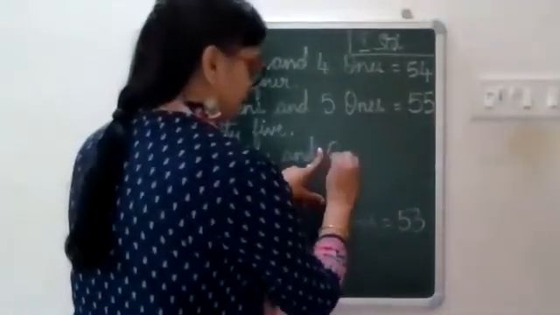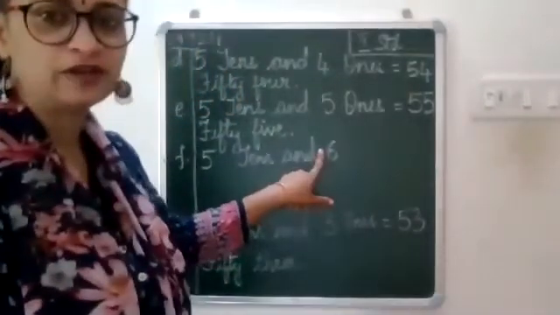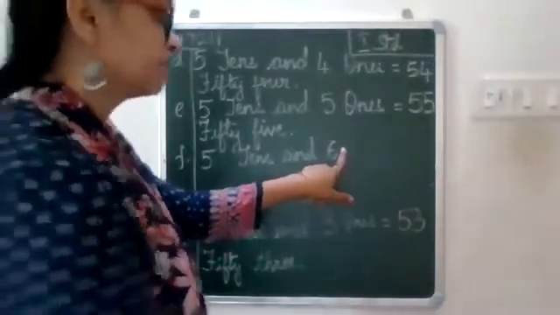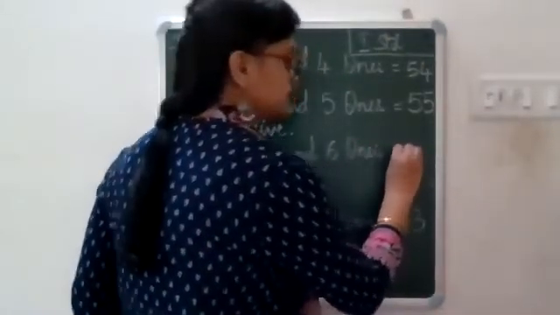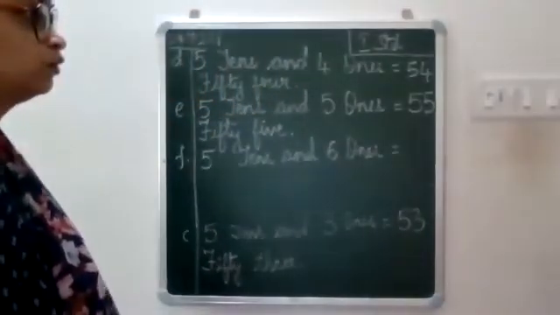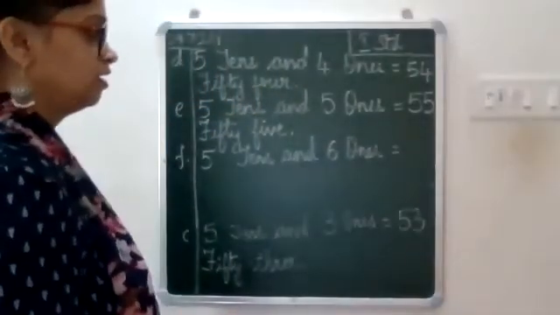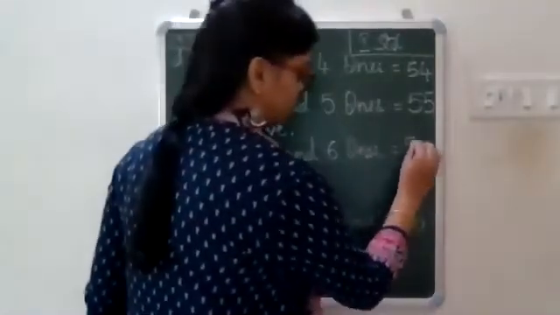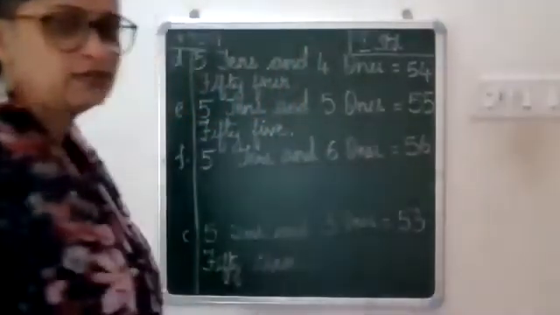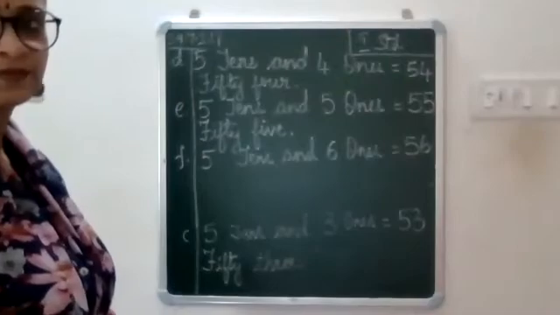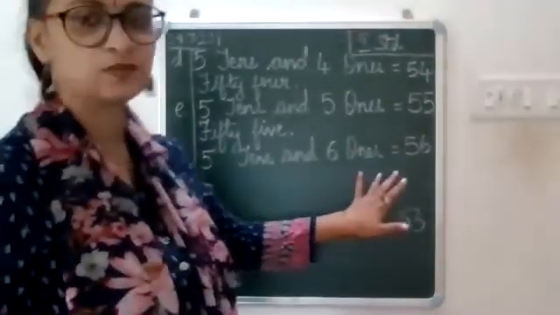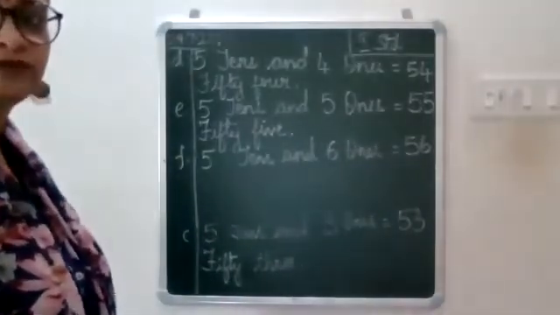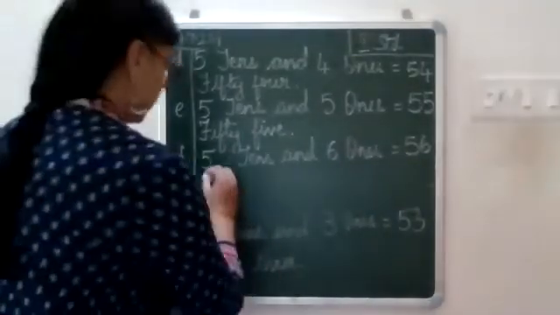Very good. Leave a finger space. Write down ONES, ones is equal to 56. Very good. The number is 5 tens and 6 ones is equal to 56.